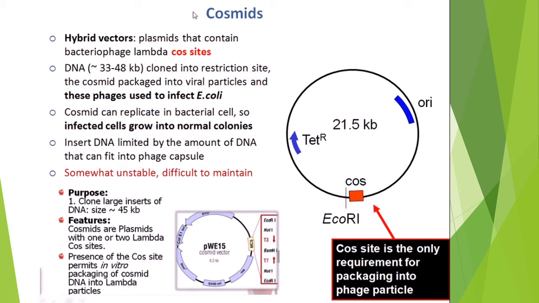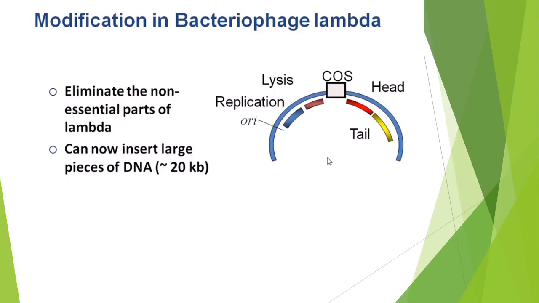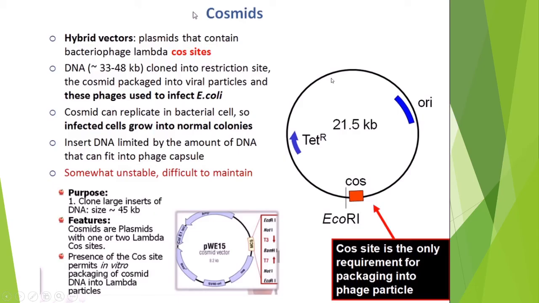These are nothing but plasmids, but these cosmids have the cos site from the lambda phage, which is used for the packaging of DNA in viruses.